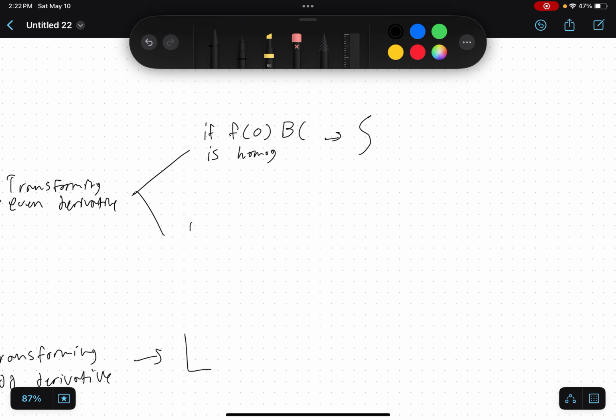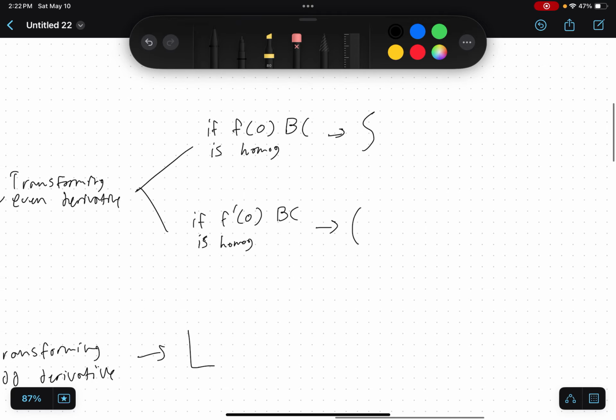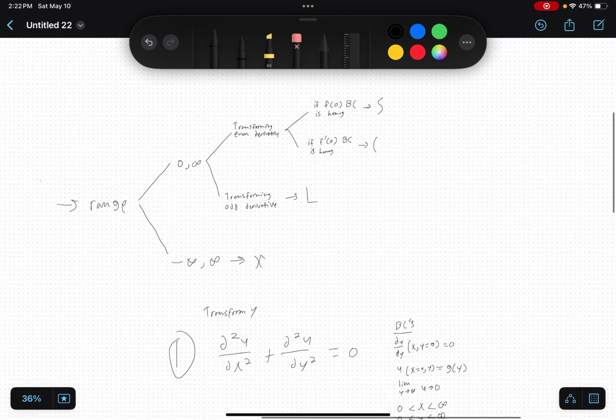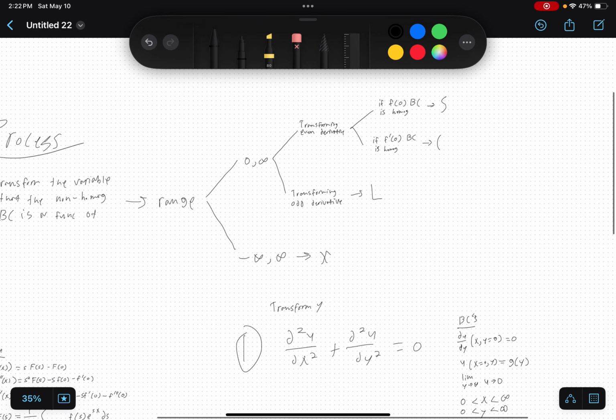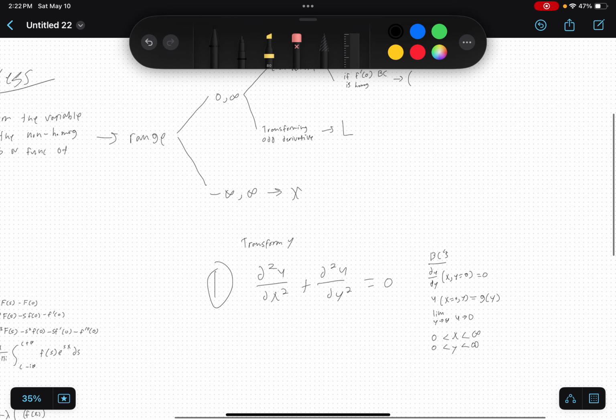But if the derivative at 0 is homogeneous, then you use cosine. So that is the process. Took me a while to math this out, but it works every time.